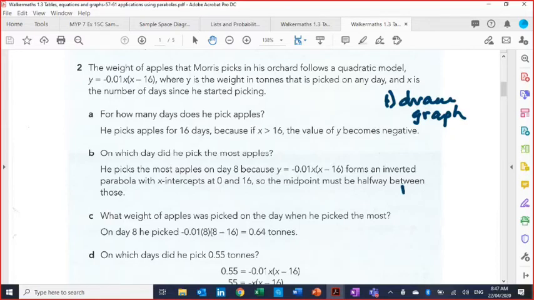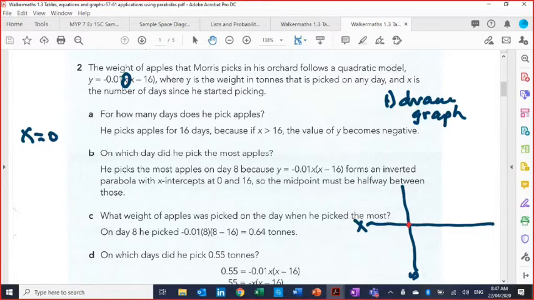So we're talking about a graph with a y and an x-axis. And since that's just plain old x, if you set that equal to 0, that means your first x-intercept is here, where x equals 0, which is the origin, right?